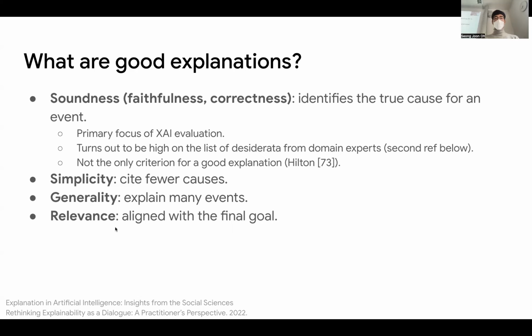And finally, there's relevance, which is also very important. This is asking the question of why do we need explanation at all, right? Do we need explanation to, let's say, fix some system, for example? Then a good explanation should be able to make you fix the system.